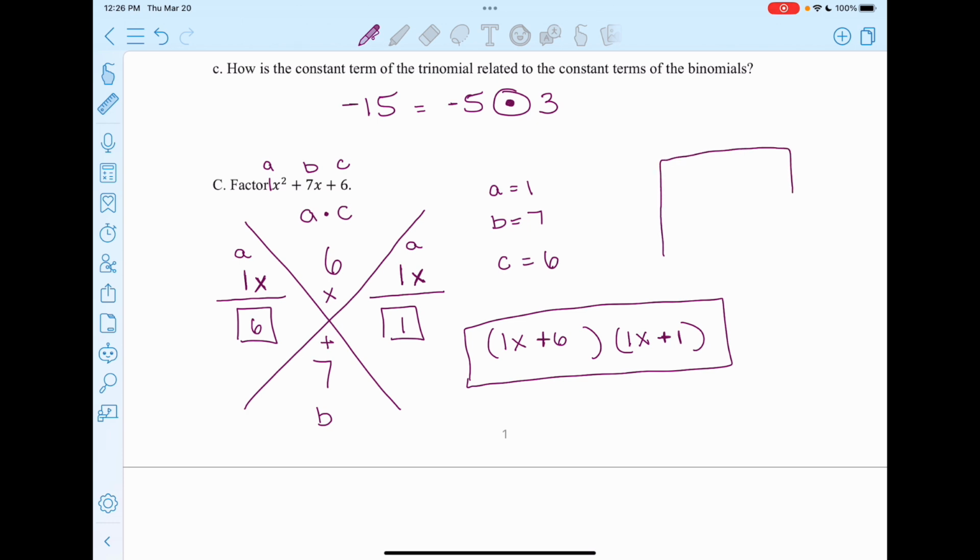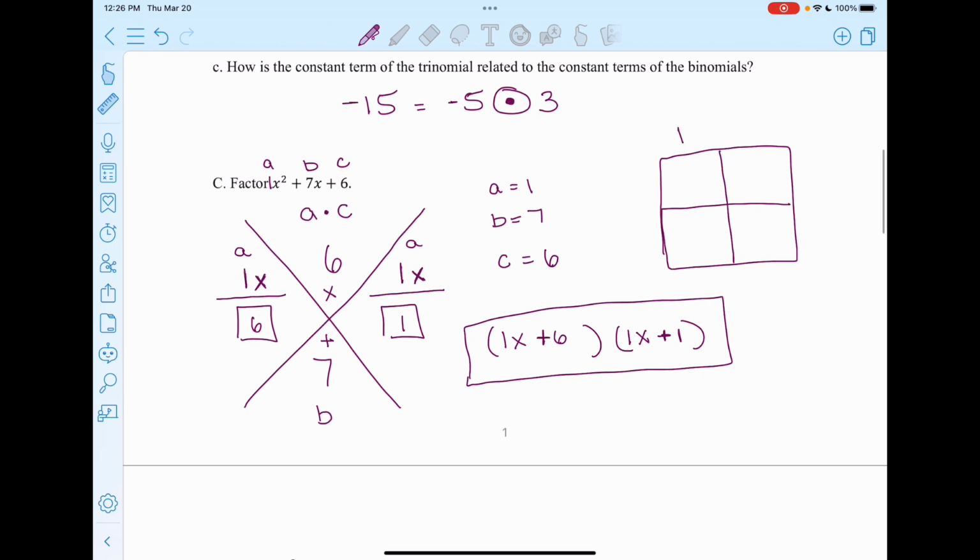If I were to multiply these factors together, I should get back to my original trinomial. So let's check our answer. 1x times 1x is x squared. 1x times 6 is 6x. 1x times 1 is just x. And 1 times 6 is 6. I'm going to combine my like terms, and I get x squared plus 7x plus 6, which was my original trinomial.